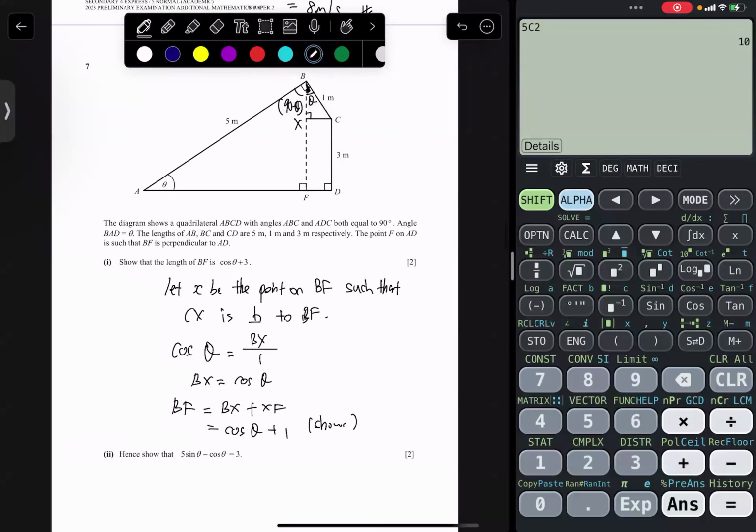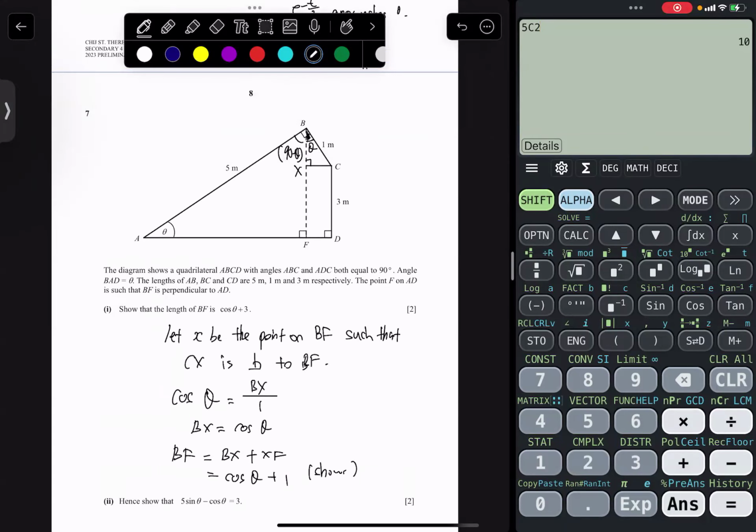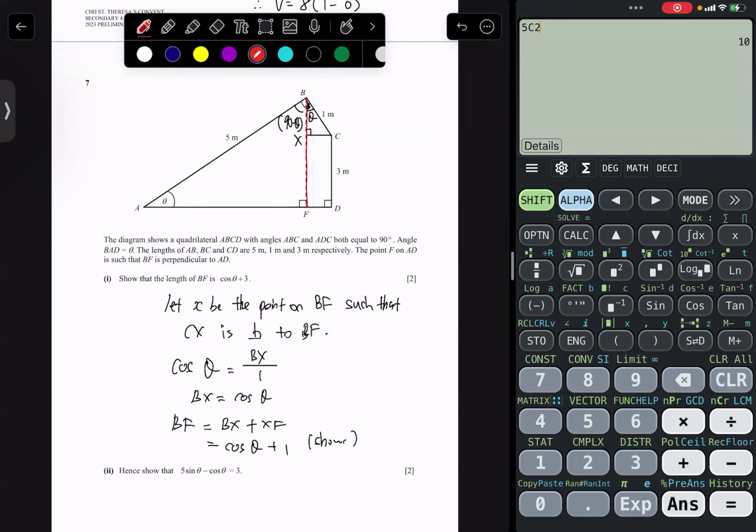Hence, show that 5 sine theta minus cos theta equals 3. If you look at the perspective of the big triangle, sine theta equals BF over 5, so BF equals 5 sine theta.